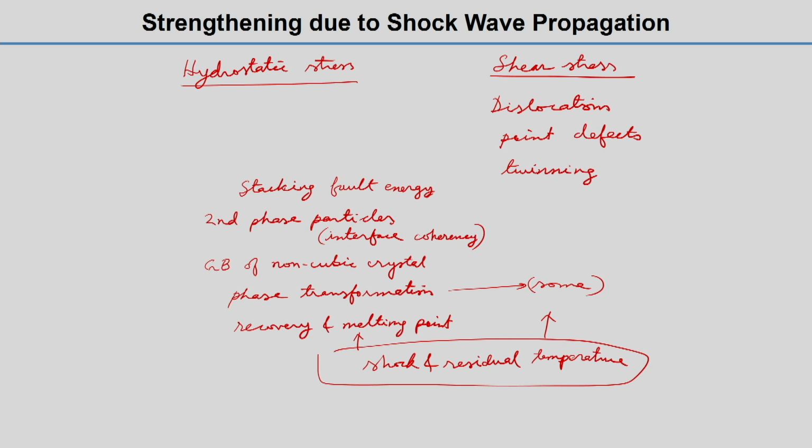And then twinning has some indirect effect from hydrostatic stress, and also the point defects diffusion rate can be controlled by hydrostatic stress.